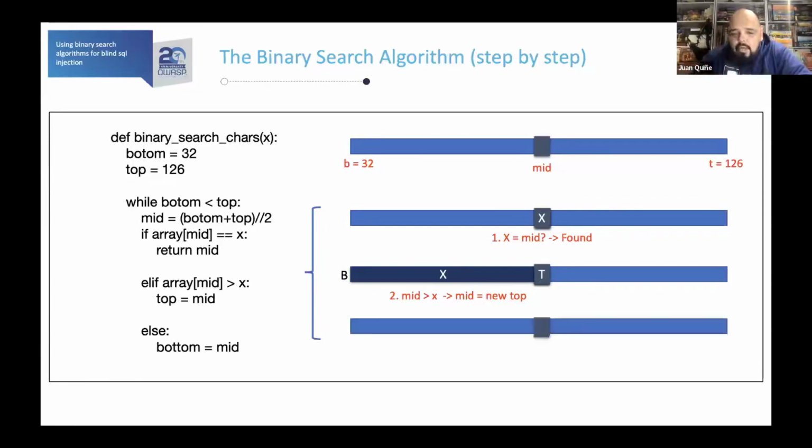The third option is that X is greater than the middle. Then X is on the right side, and the middle becomes the new bottom, and we shorten again. After that, we loop to the next character, and so on till we get all 20 characters, in this case for the version.